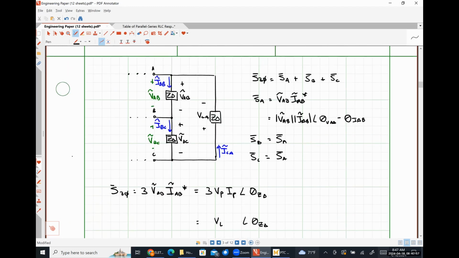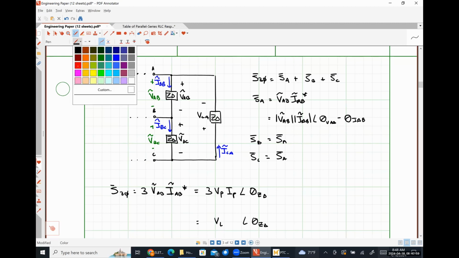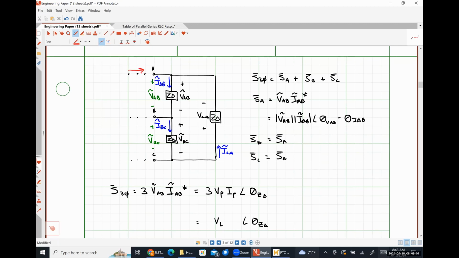Now we need to figure out what the relationship between our line currents and our phase currents is. We did this in class on Tuesday.